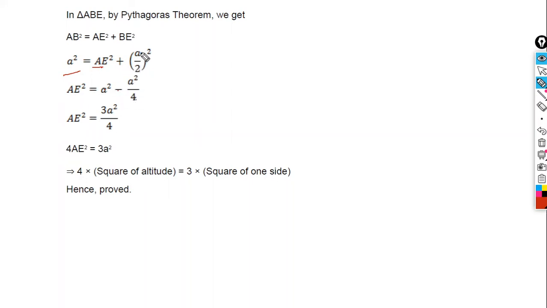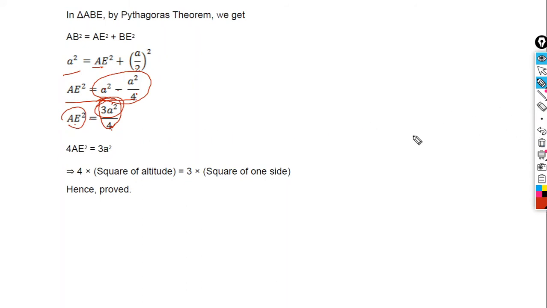Why? Because 2 square is 4. Now here 4 will be the LCM. Here it will be 4A square minus A square equal to 3A square. So 3A square by 4. Now AE square equal to 3A square by 4.